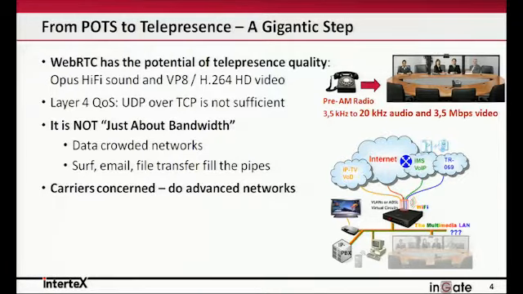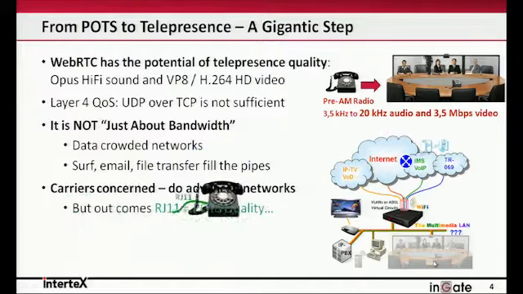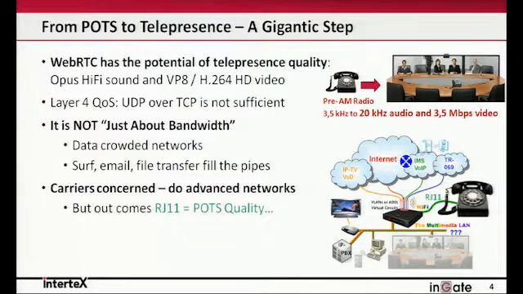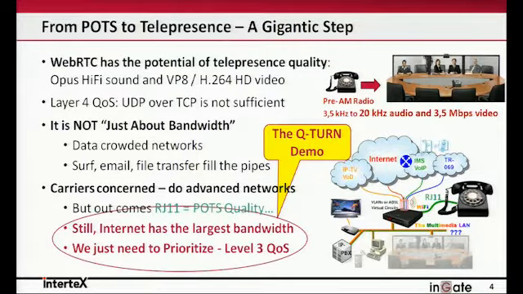But unfortunately, they don't give us telepresence quality; they put the things out to an old telephone in the end. So we're back there, and with WebRTC going over the internet, we have the widest bandwidth over the internet. We just need to prioritize and use it also for real-time data.